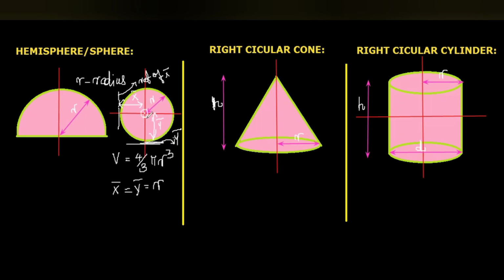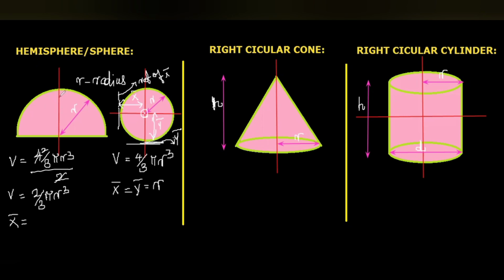Then for a hemisphere, it has only half the portion of the sphere. So the volume is 4 by 3 pi r cube divided by 2, which gives 2 by 3 pi r cube. Then x bar.